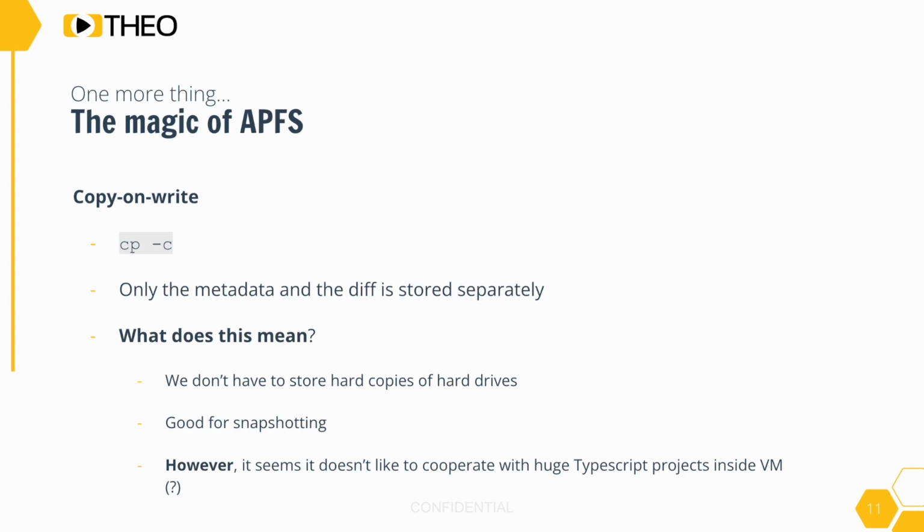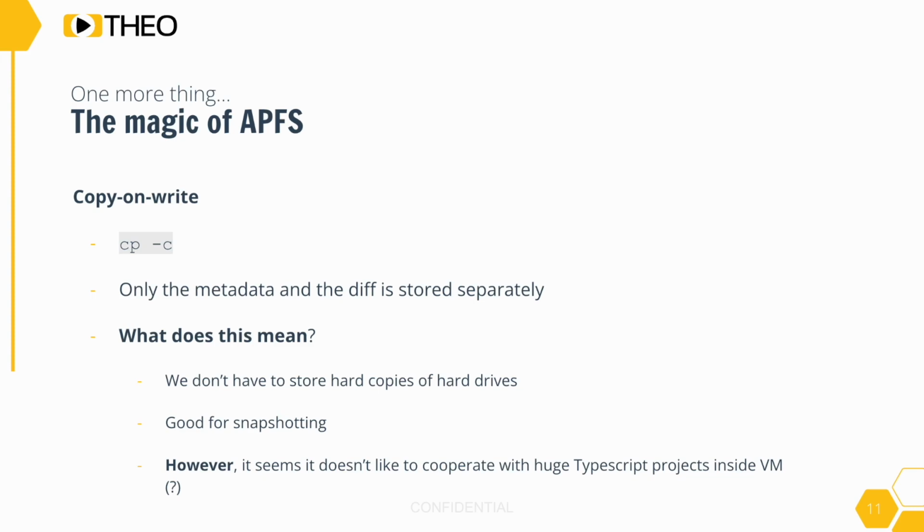So if I set up a virtual Mac now, I install Xcode and do something with it, and I say, okay, this drive is complete, I'm happy with it, I make a copy on write copy of it, and I give that one to the virtual machine. That basically acts like a snapshotting solution.